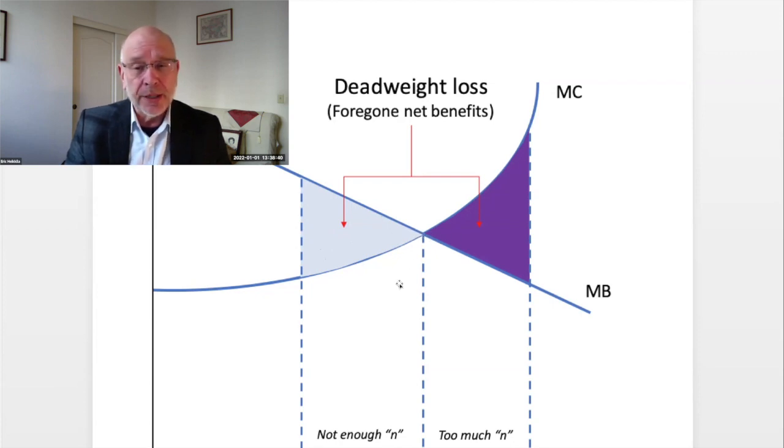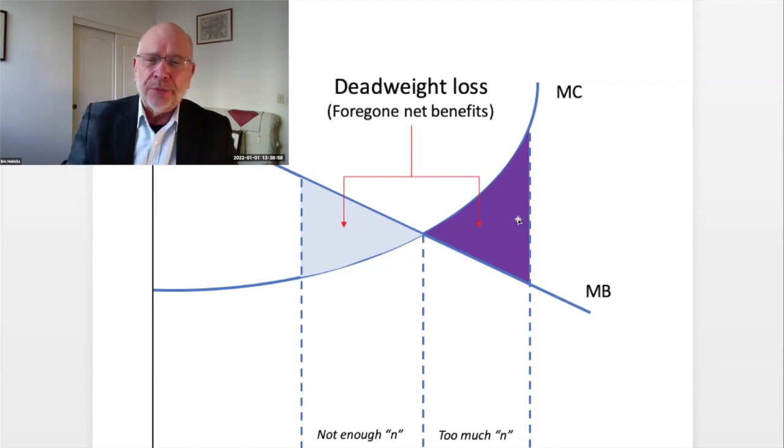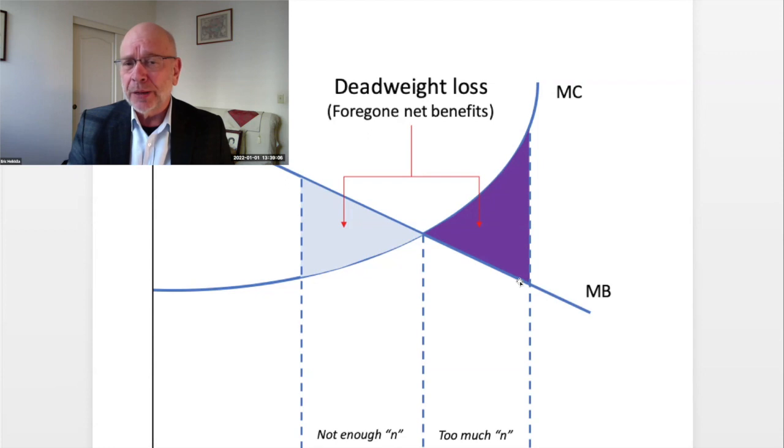Now, let's compare this to N3. If we were at N3, it's the same kind of reasoning, but in the opposite direction. If we're at N3, the marginal cost exceeds the marginal benefit. So we say, well, let's step back a bit from N3. Let's reduce the level of activity because the cost of these items on the margin exceeds the marginal benefit. So why bother? So we do one less and then another one less and another one less.